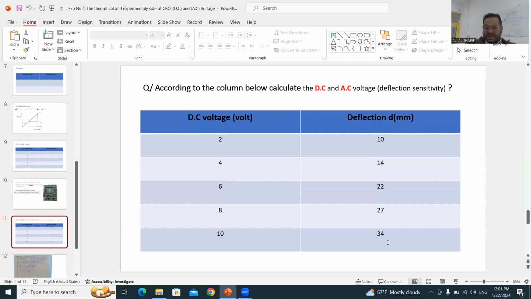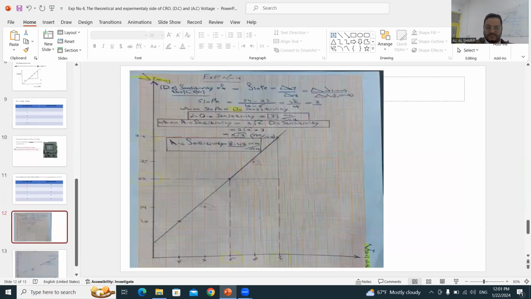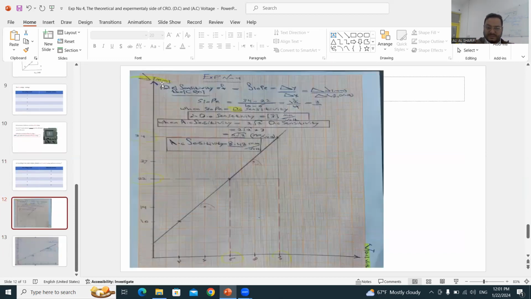I will plot my curve depending on these readings. Here, for the millimeter and the DC volt, I divided every 1 centimeter to equal 1 volt. By that, 10 centimeters means 10 volts. It's easy. After that, I have 34. The maximum was 34. By that, I was thinking why not put every half centimeter, every 5 millimeters, to be 1 volt.